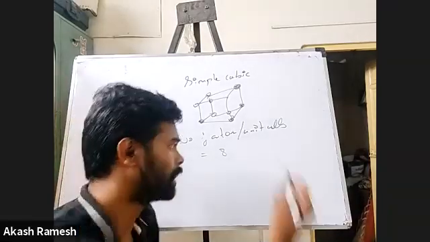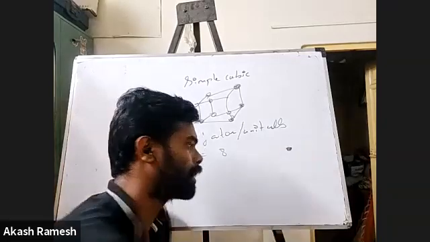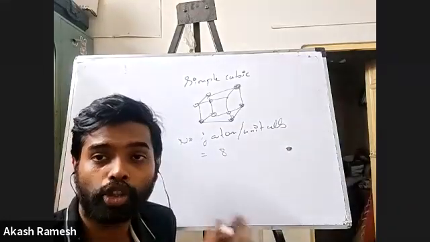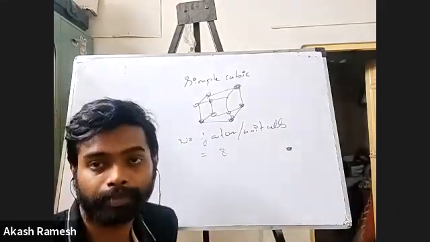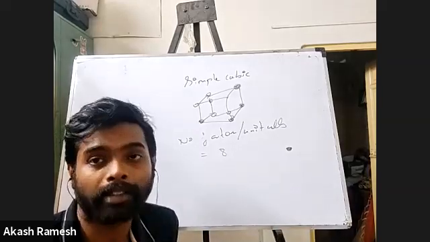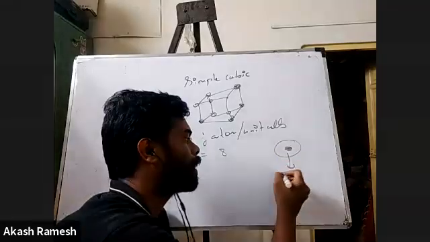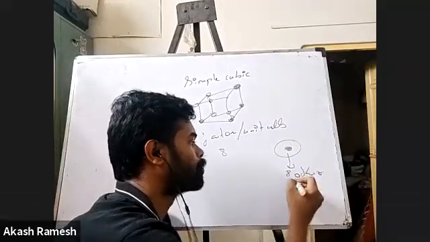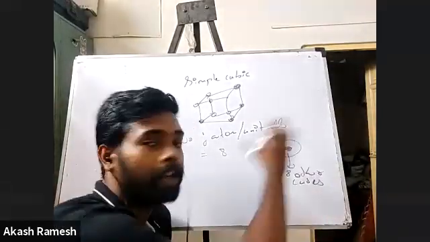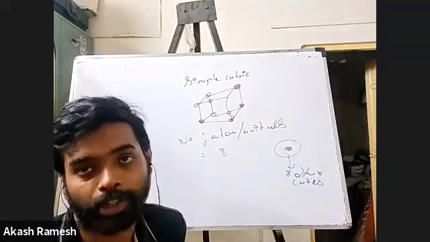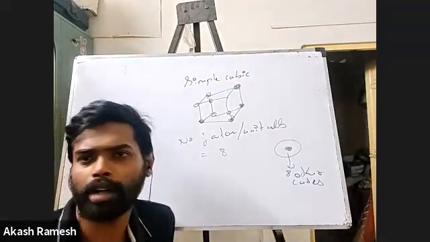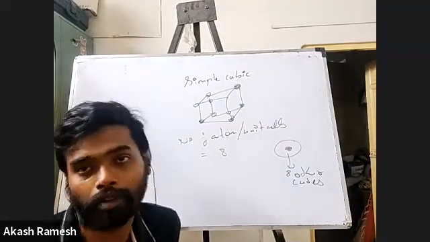From a particular point, I can draw 8 lines. That means a particular lattice point will be shared by 8 other cubes. Basically, 8 cubes can come out of a single lattice point. It's pretty easy to understand: north, east, west, south, northeast, northwest, southeast, southwest.